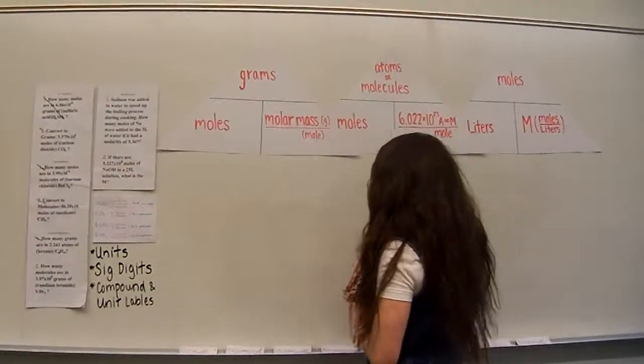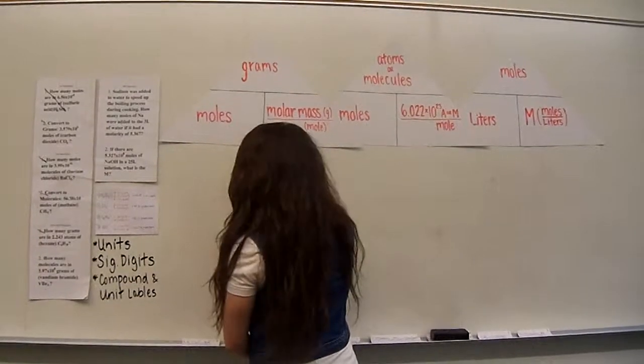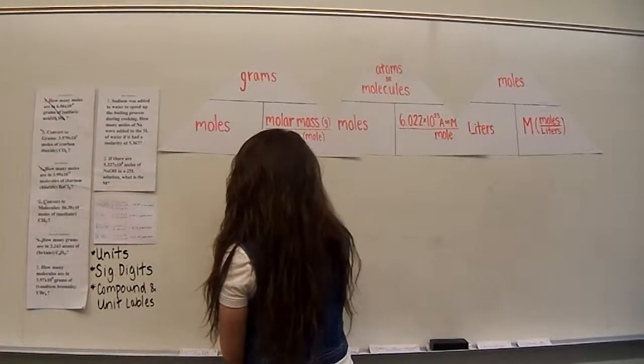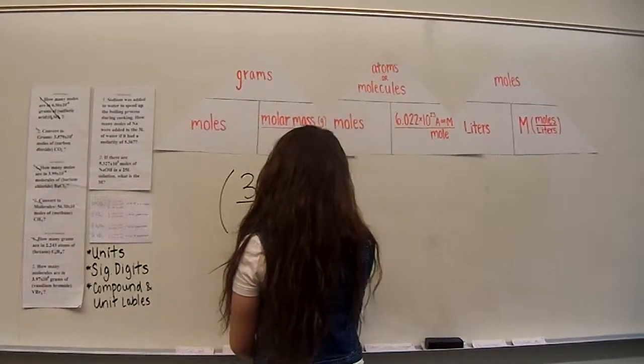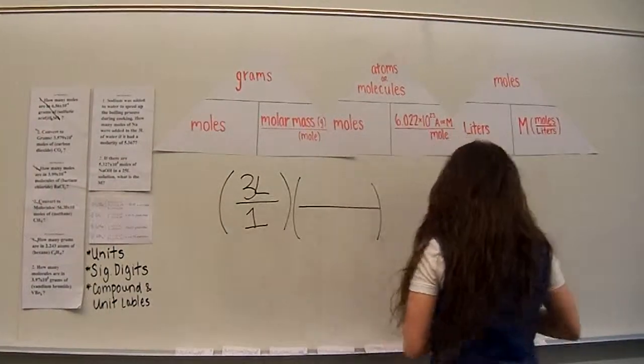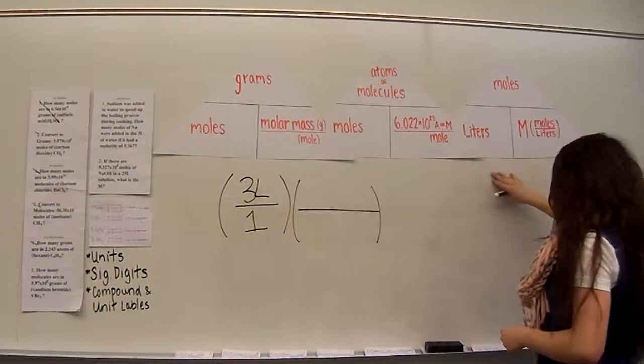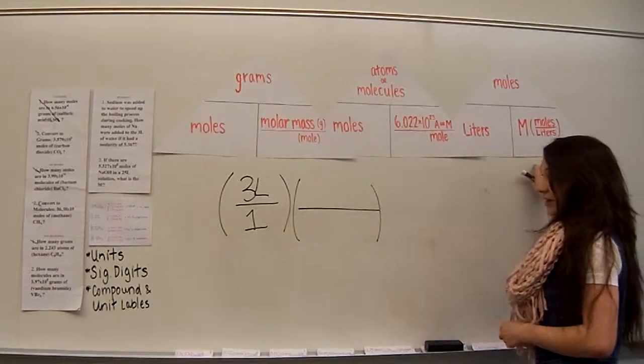So since we are given liters, we are given 3 liters, so we will be writing that on top. And we are trying to find moles, so we know that we will need to multiply it by the molarity.